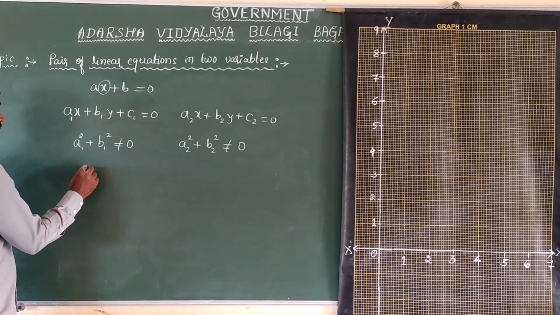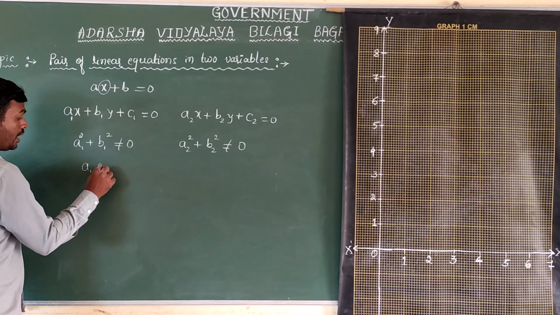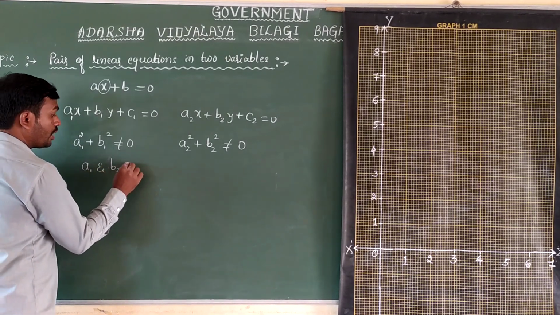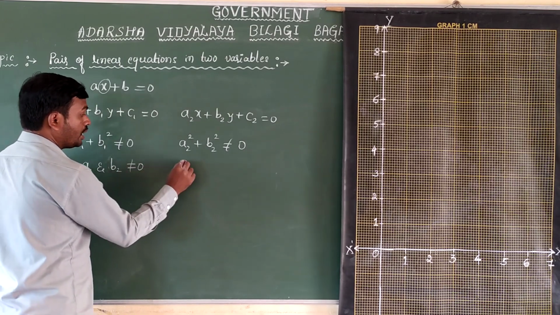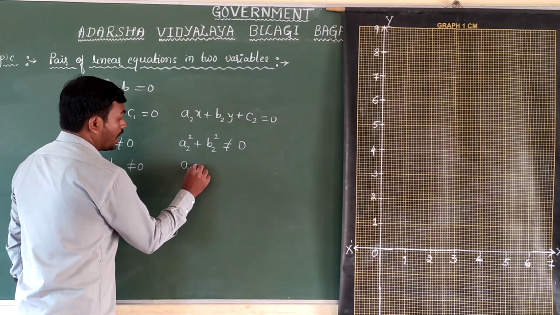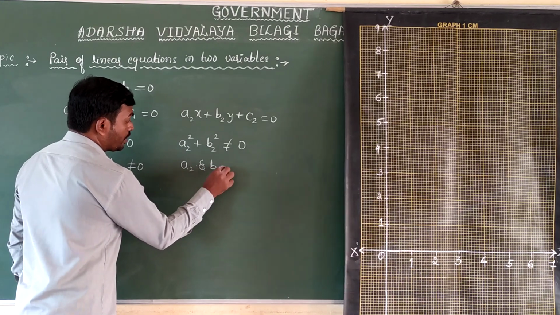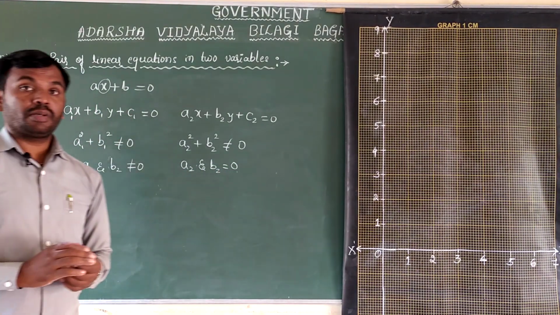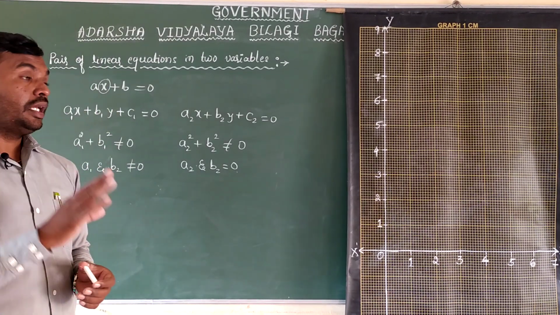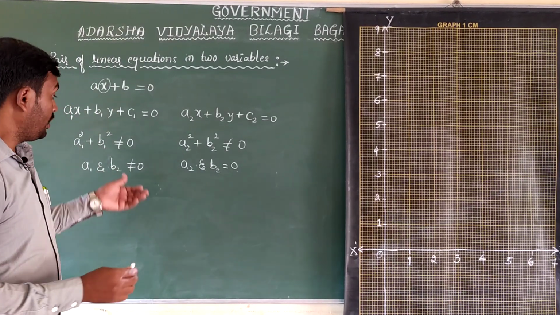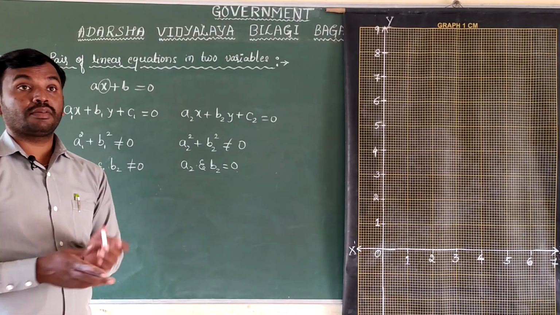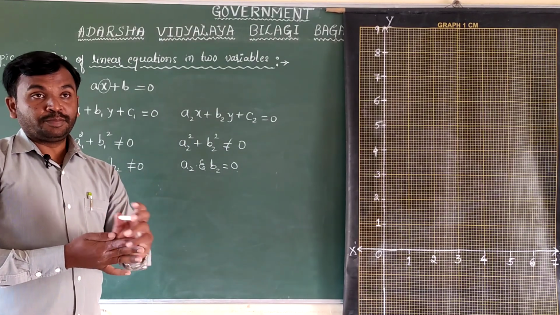And one more condition is there, children: a1 and b1 must not be equal to 0, and here also a2 and b2 must not be equal to 0. If these conditions are satisfied, the given equations are a pair of linear equations in two variables. If these conditions are not satisfied, then the given equations are not a pair of linear equations in two variables.